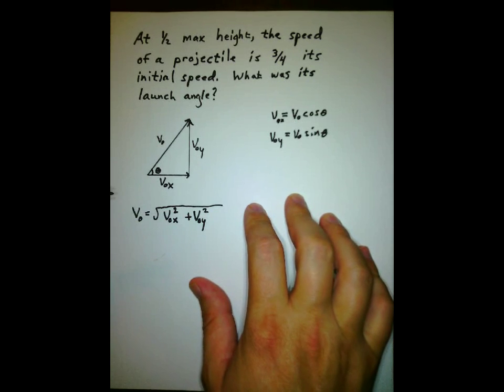We all know this as the good old Pythagorean theorem: a squared plus b squared equals c squared, and since we want to know what c is, in this case v naught, we take the square root of both sides.